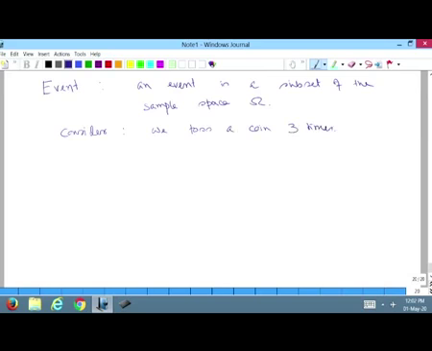And we want to compute that number of heads is odd.